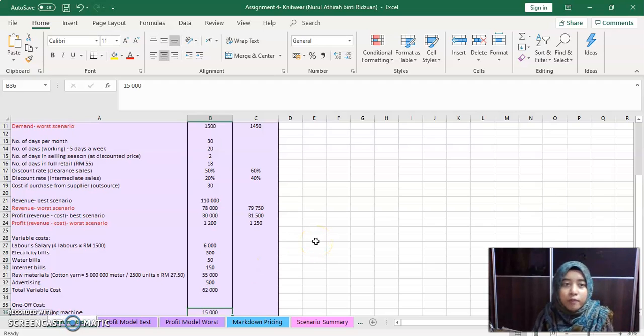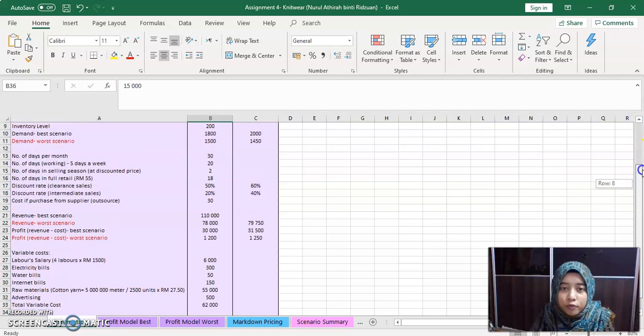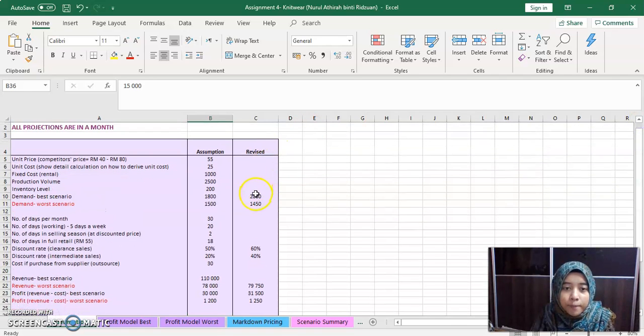Based on my reflection on all of my decisions and assumptions, there are many things that I should revise. Most of my assumptions are not valid. The first thing I revise is the demand-based scenario. Before this, the demand-based scenario was 1,800 to 2,000, while the worst scenario was 1,500 to 1,450.